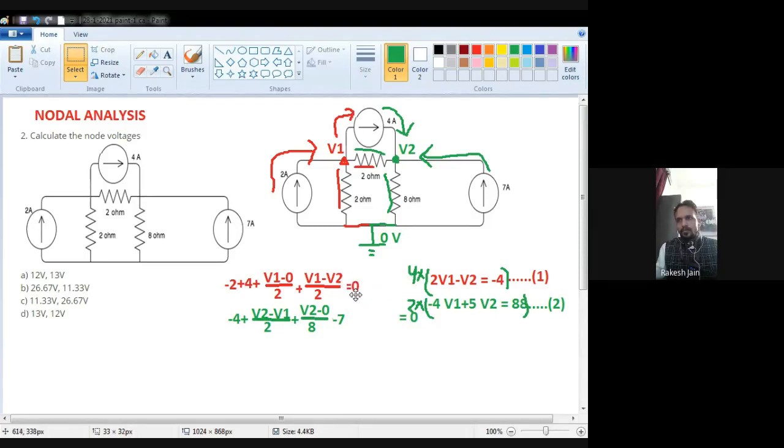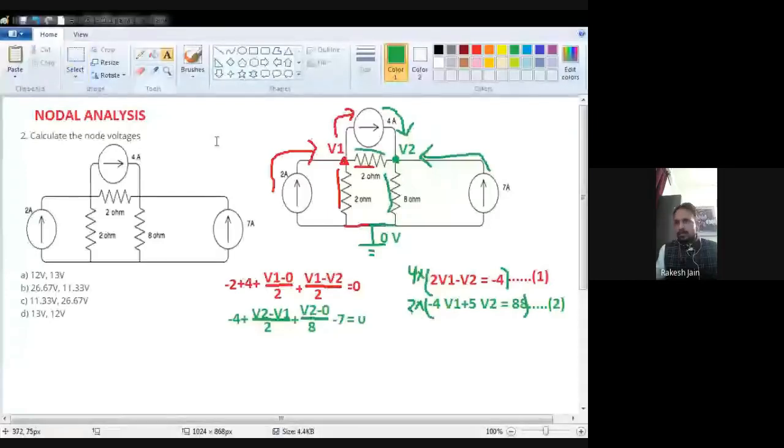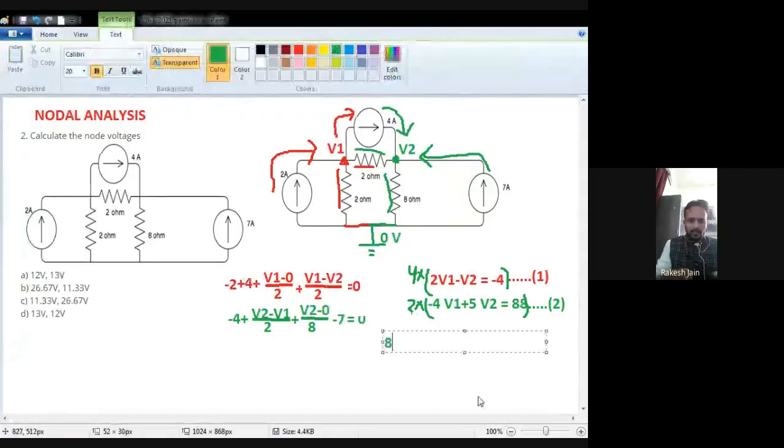Now what is the constant of V1 in the first equation? That is 2. So now multiply the total equation number second with the constant of the first equation, that is 2. I just separate this so you will not be confused. Kindly wait.